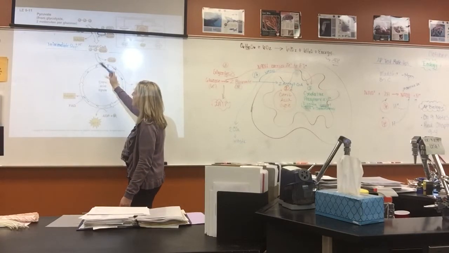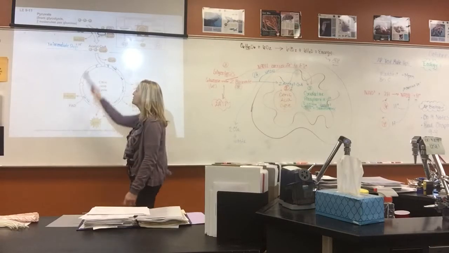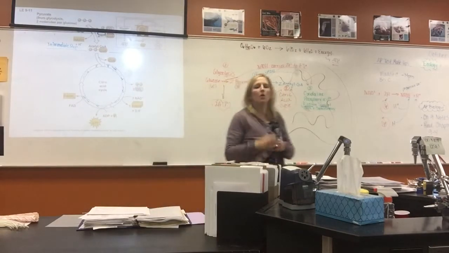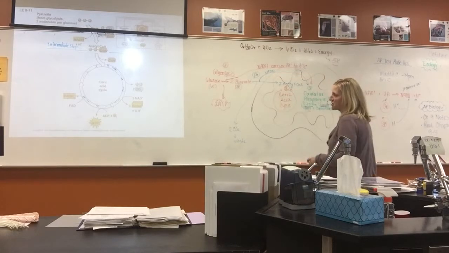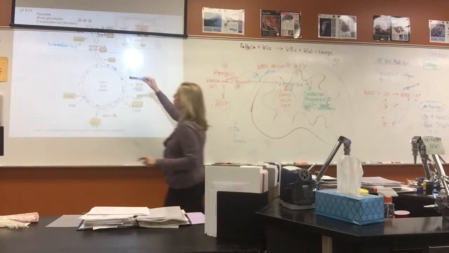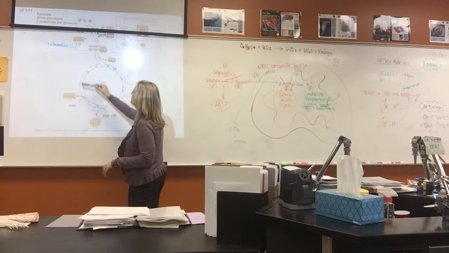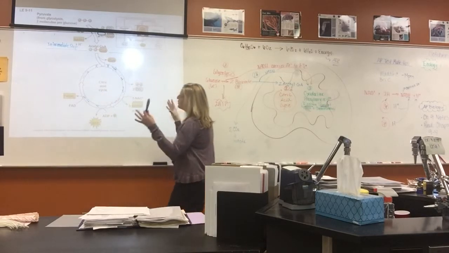So this is why it's a cycle, because you start out with one molecule, and in the end, you end up with that same molecule. So what happens in this series of reactions? We don't need to know all the intermediates and the names of all these intermediate molecules. We just need to know the big picture.